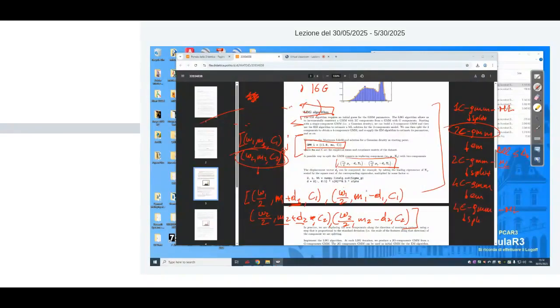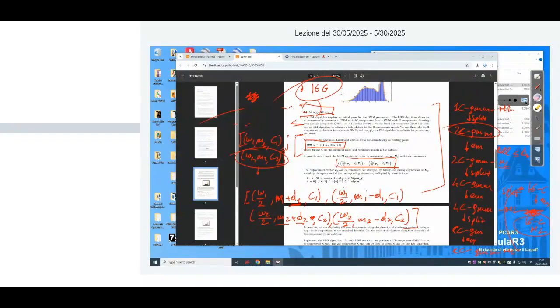Then we keep this and split to 8 components, run EM to get an 8-component maximum likelihood GMM, and then split further to 16 components and run EM again. So we repeat until we get the maximum likelihood solution for the number of components that we want. How we select the number of components, we'll see in the project. We will use cross-validation, so we'll try different values and see what happens.